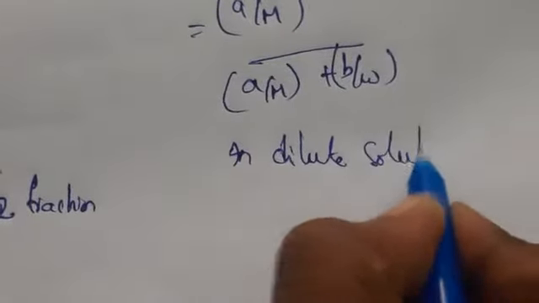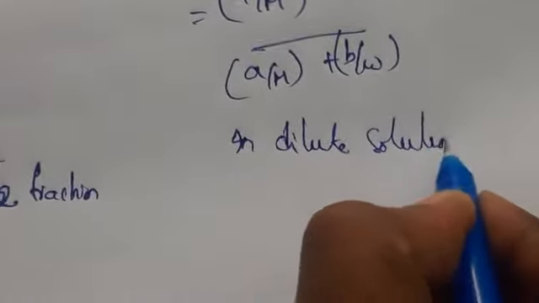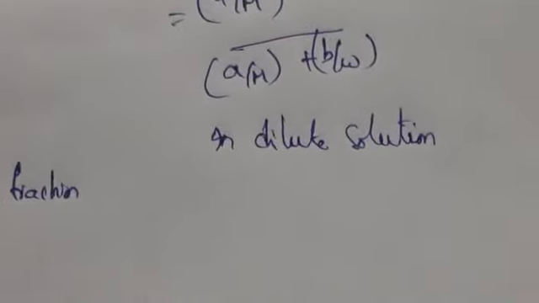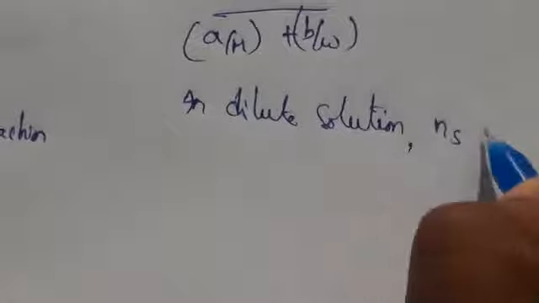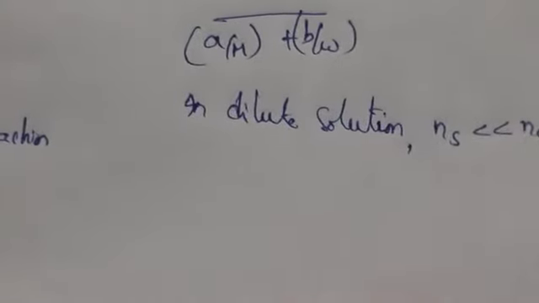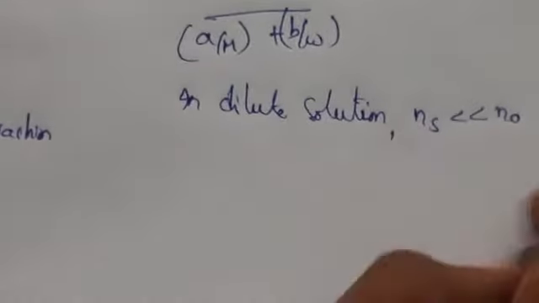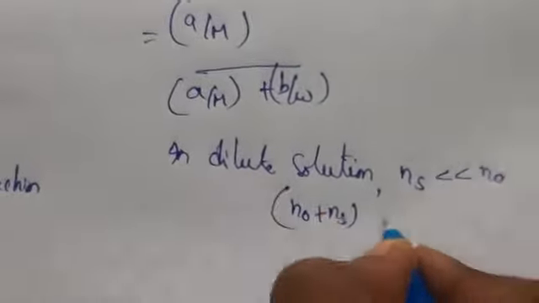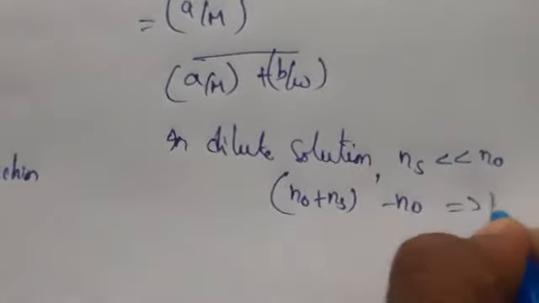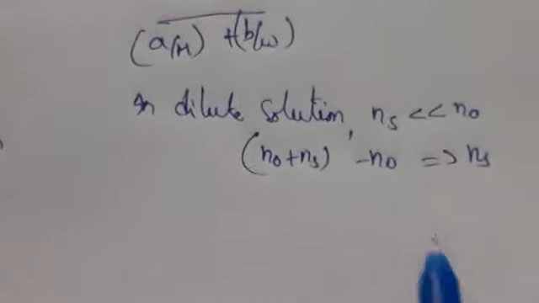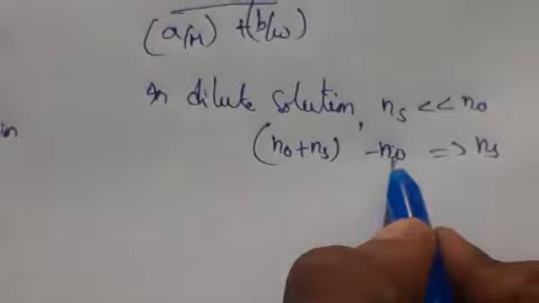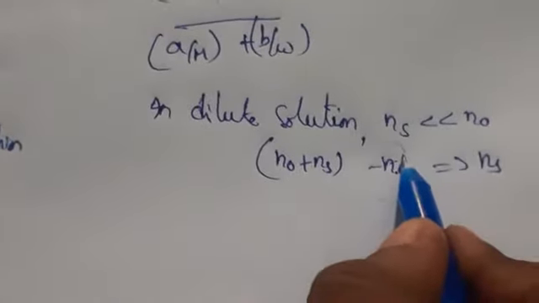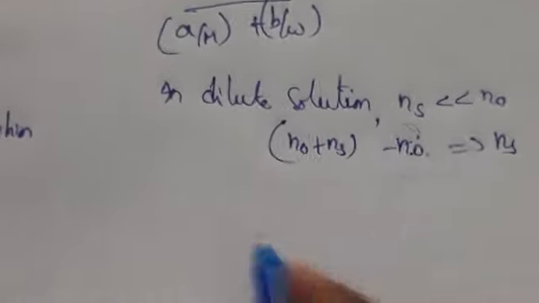A dilute solution is one in which you dissolve a very small number of moles of solute. So Ns is very small compared to N naught, and in Ns plus N naught we neglect Ns, so we are neglecting N naught here. Why? Because it is in very large quantity. Because of that reason, we are neglecting this one.